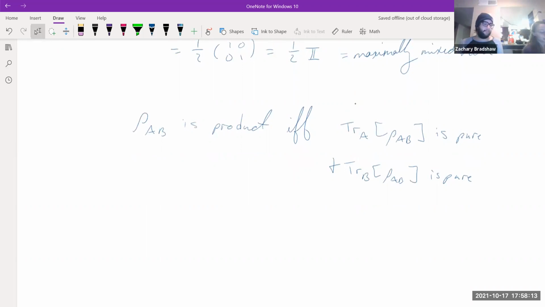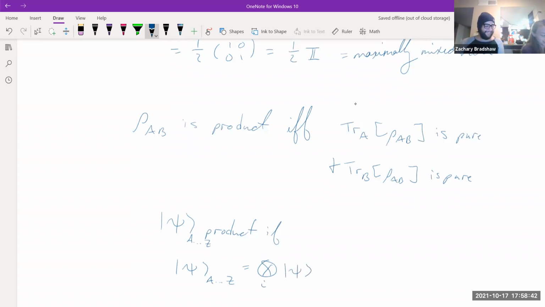Well, you can see this pretty easily in the pure state case. The state is product if it's defined on Hilbert spaces A through, I don't know, Z, and it's equal to a tensor product for all letters.